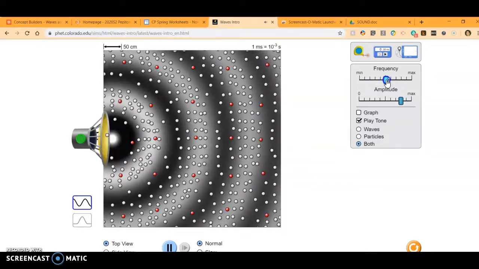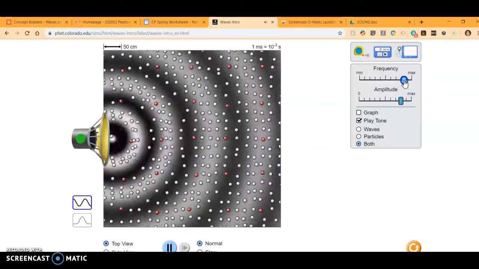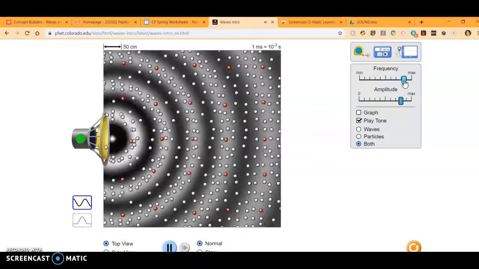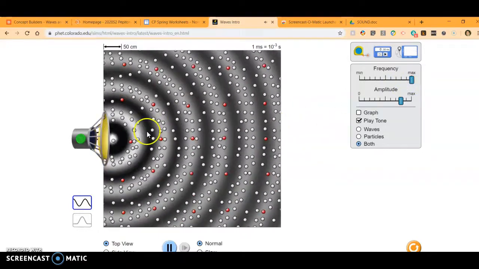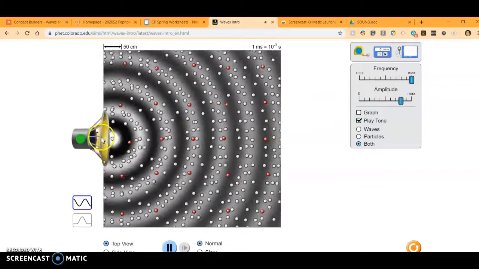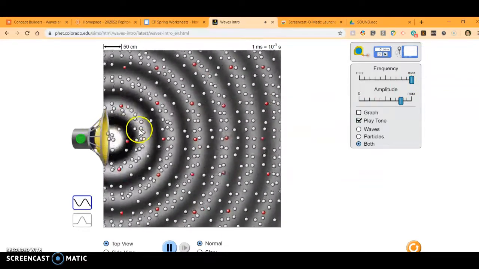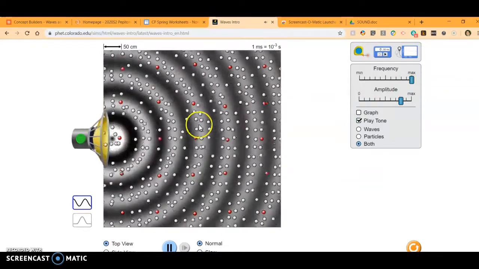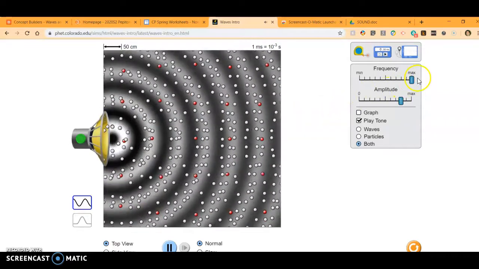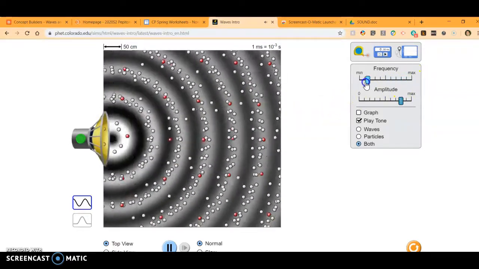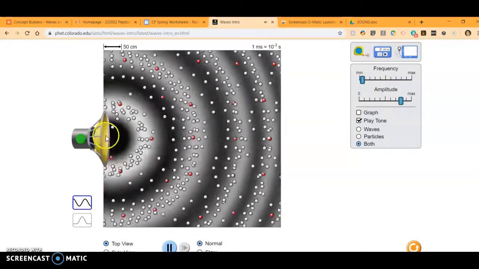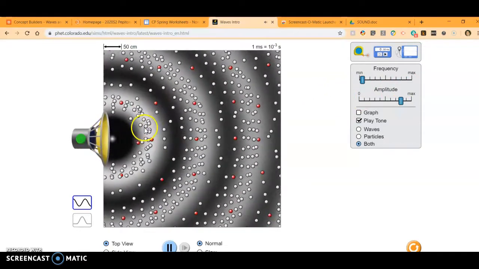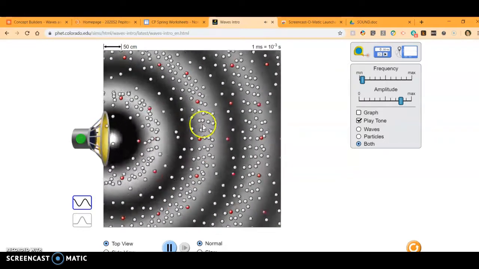High frequency tones are high notes. What we can see here is the higher the frequency goes, the faster this speaker vibrates and the closer together the compressions are and the rarefactions are. The lower the frequency is, the slower this vibrates and the longer, more stretched out the waves become.